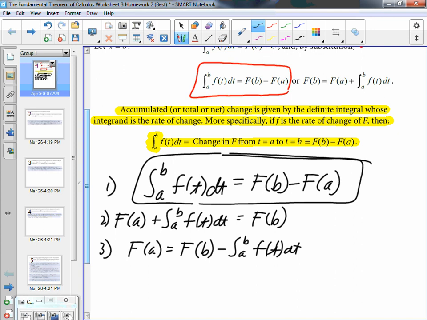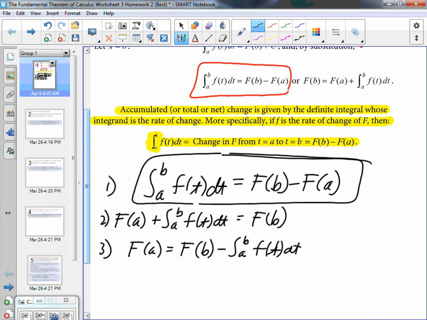To find how much change there is, integrate it. Because what are integrals? They're accumulators. Integrals are accumulators. So if what it's accumulating is change, then it will give you the net change, the total change, the accumulated change. Does that make sense? If your integrand represents rate of change, then the integral measures how much change. The integral adds up the change. Okay?